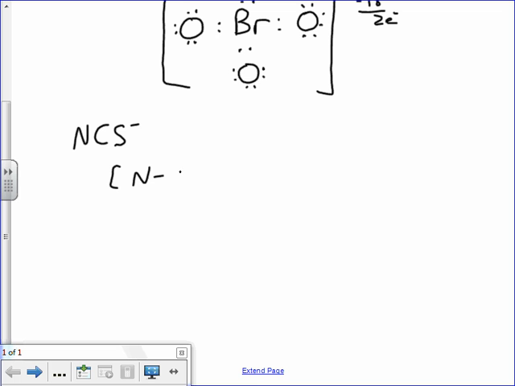N, C, triple bond, S, and then it's got 6, this. Okay, so that's one of the possibilities. Another possibility is 2 double bonds.